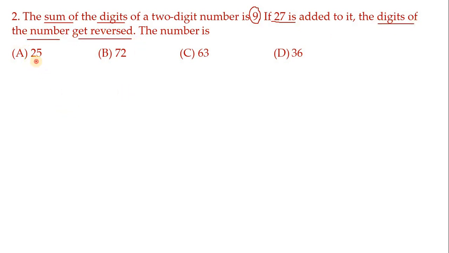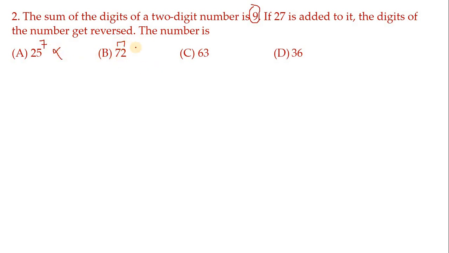See here, 25 is there. Find the sum of 2 and 5. They are talking about the sum of digits. 25 contains 2 digits, one is 2 and another one is 5. The sum of 2 and 5 is 7, but they are talking about the sum of 2 digits being 9. Hence this cannot be the answer. Next come here.